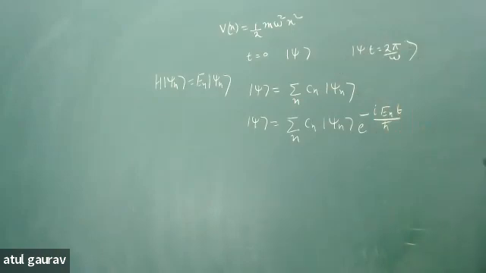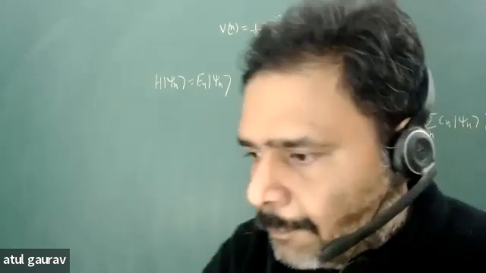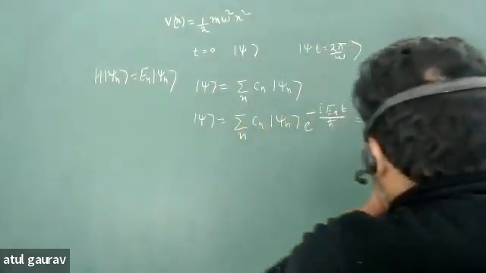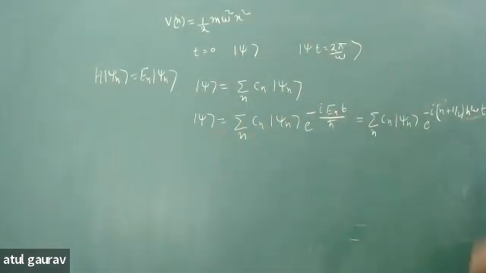Yes, sir. And this can be written as summation over n of c_n psi_n e to the power minus i, what is E_n? (n plus half) ħω by ħ, into t. Is that okay?